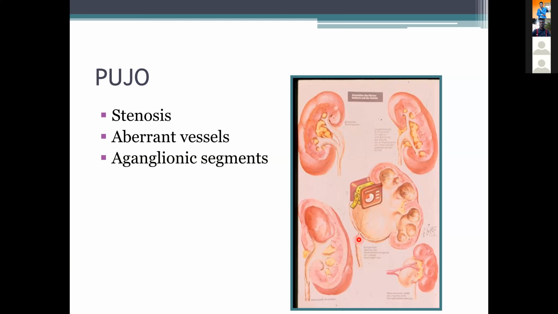And you can see that there's this tension of the pelvis there. And this one shows you the aberrant vessels. You can see these ones are going anterior, but the lower artery is actually supplying the posterior aspect, and it is kinking the ureteropelvic junction there.